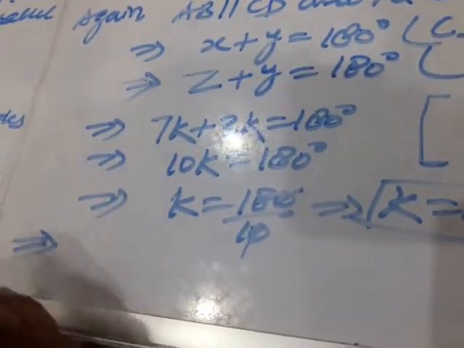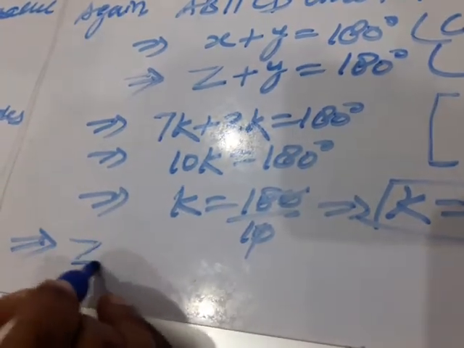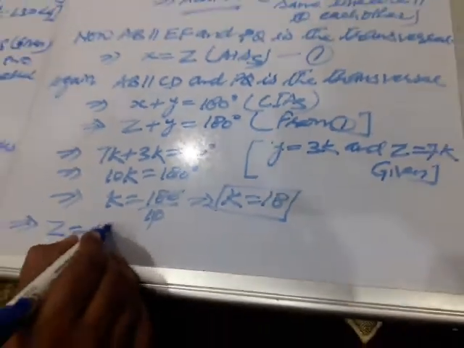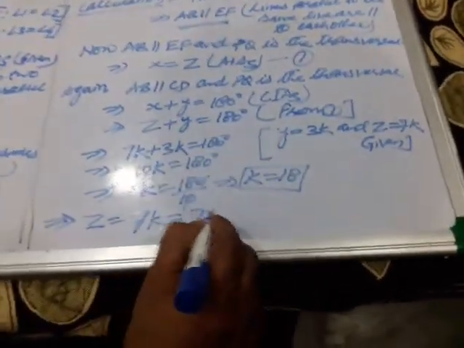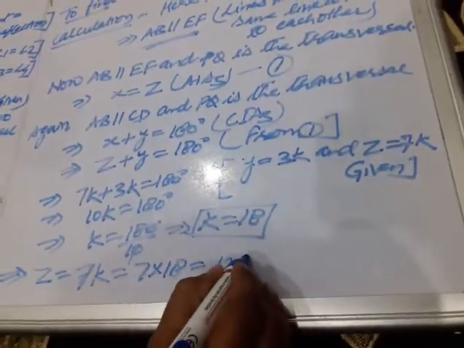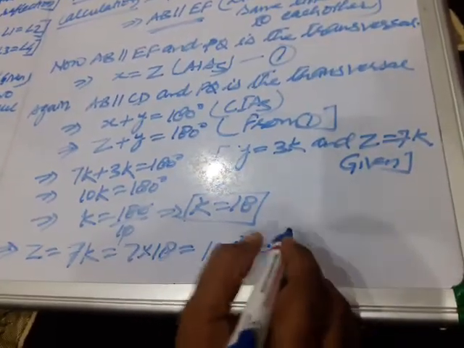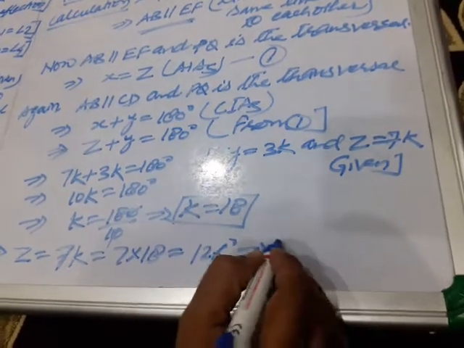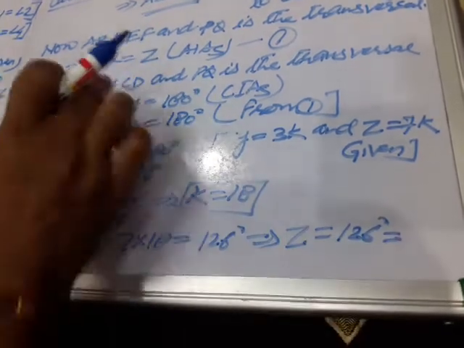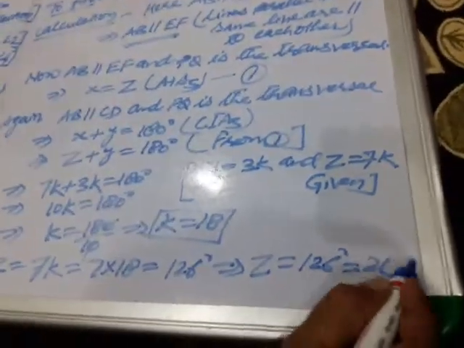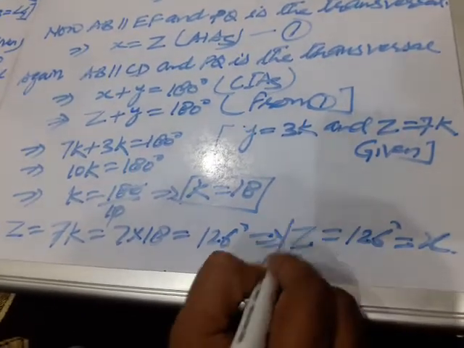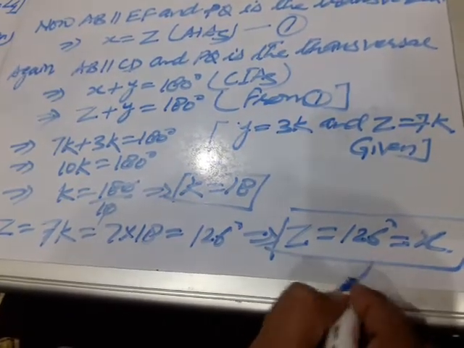Z equal to 7k equal to 7 into 18, which is 126 degrees. Ultimately Z equal to 126 degrees and Z equal to X also. So X equal to Z equal to 126 degrees. Clear? That is your answer.